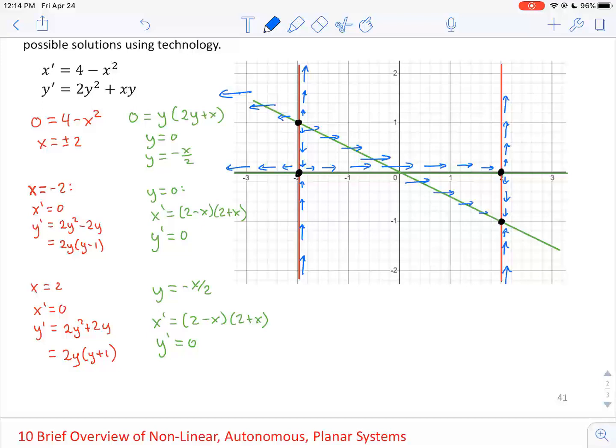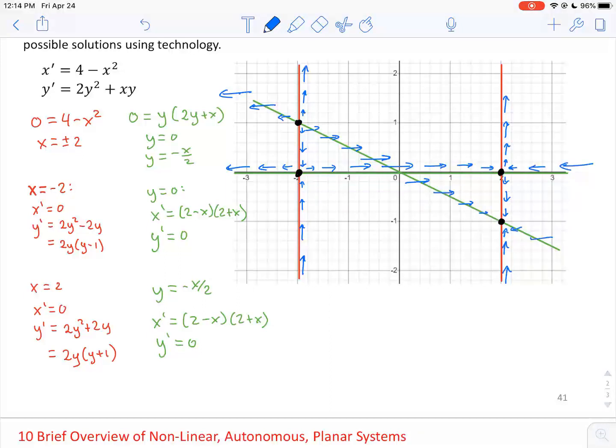Oh, we didn't finish our analysis over on this side. I forgot to do that part. Let's go back to this part of the nullcline. If you plug in numbers that are more than 2 for x, you're going to get negative results. And they'll get more and more negative as you go further and further to the right. So we'll get small negative, close to equilibrium, and then more and more negative as we go further away.